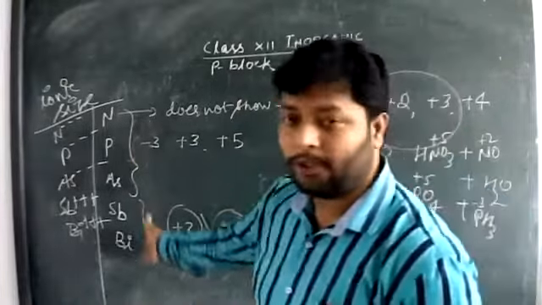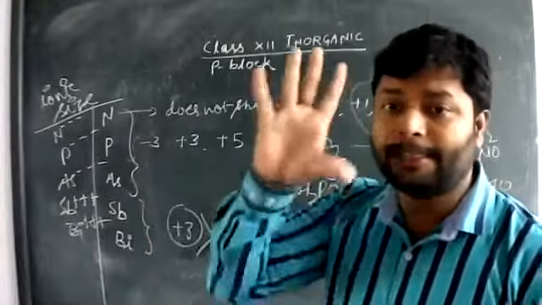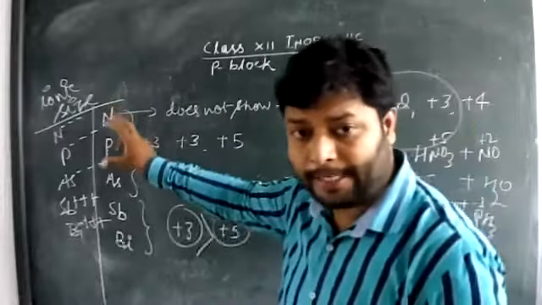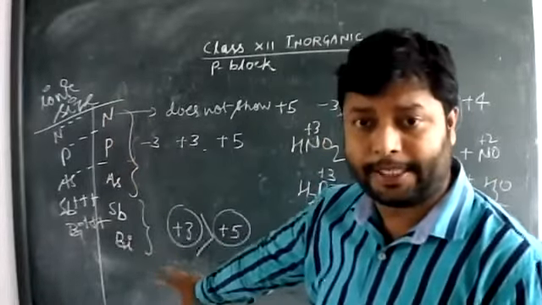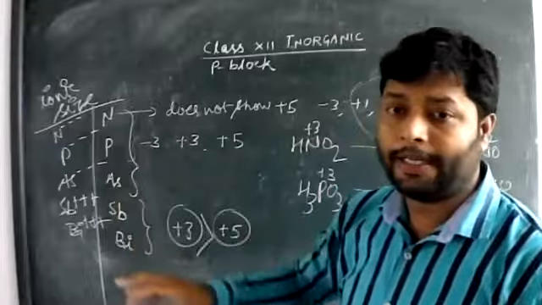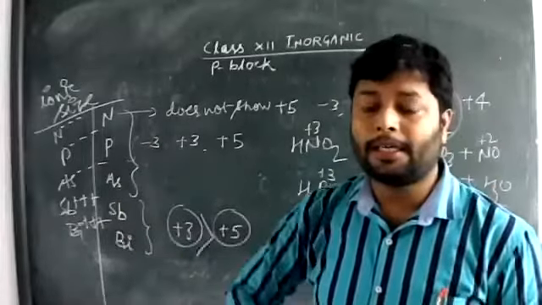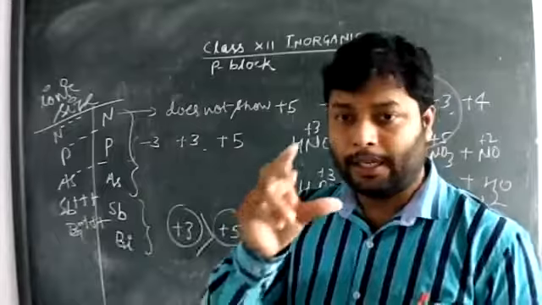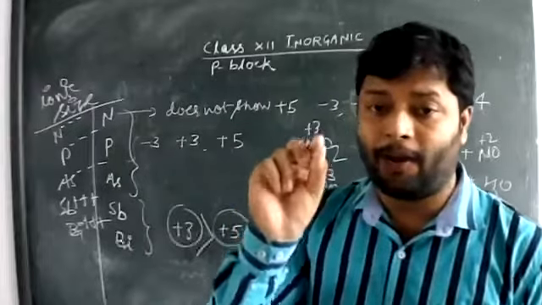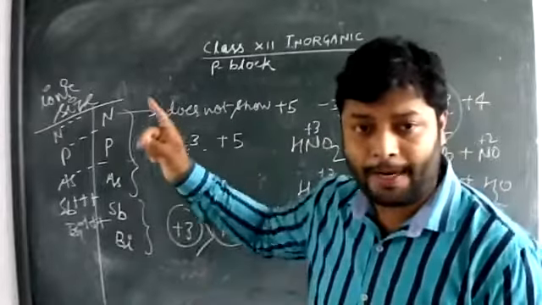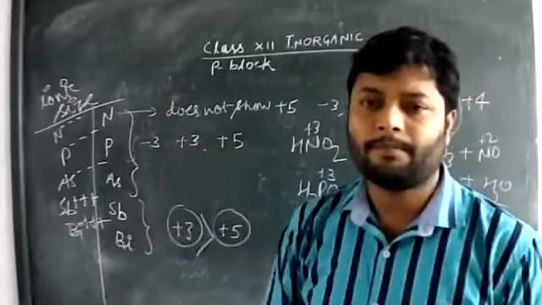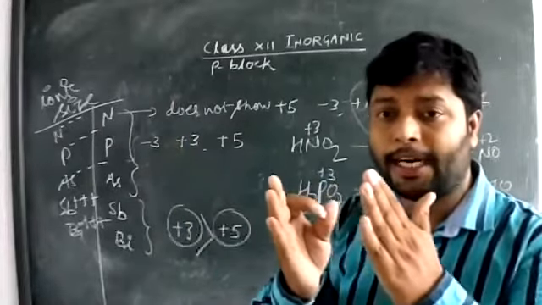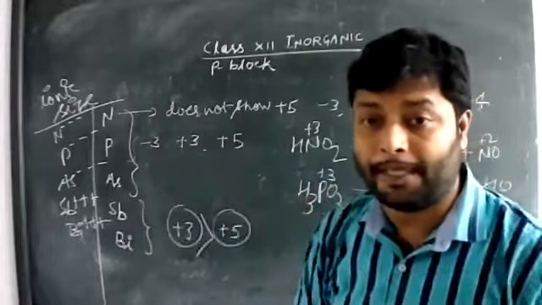As we move down the group, atomic size increases. We are not discussing ionic size, but atomic, covalent size, which increases. That's why there is a gradual decrease of ionization enthalpy from nitrogen to bismuth.